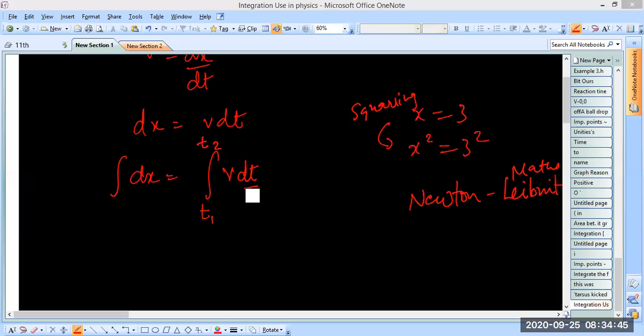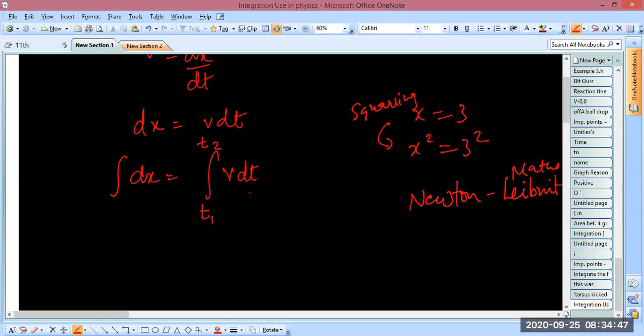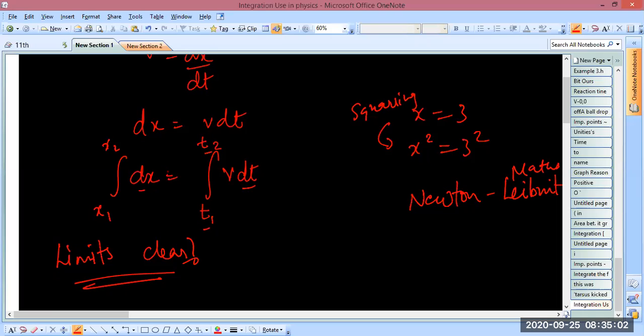Falak, you are going to get tired of hearing Newton's name, I promise. Because this is dt, we are writing t1 and t2, and because this is dx, we should write x1 and x2. I'm concerned about limits.